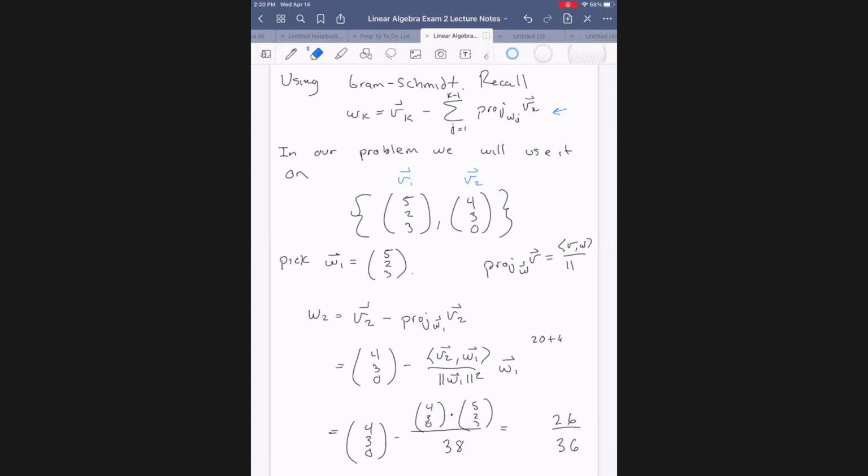Yeah, I can write it down. It's no big deal. Okay, so let's write it down. So again, this is going to equal 430 minus the dot product between V2 dot W1 over the norm of W1 squared.